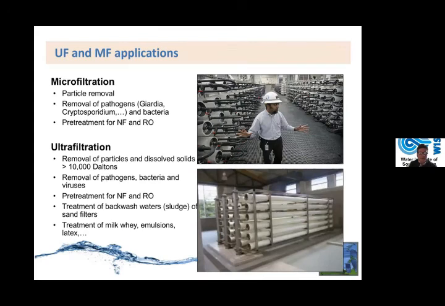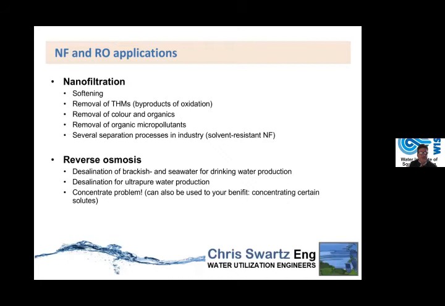So some examples: ultrafiltration and microfiltration for particle removal and pathogens, ultrafiltration for some finer treatment, and you can see there what it looks like typically. Nanofiltration for softening. If you want to go all the way and also remove your monovalent ions, you would use reverse osmosis.